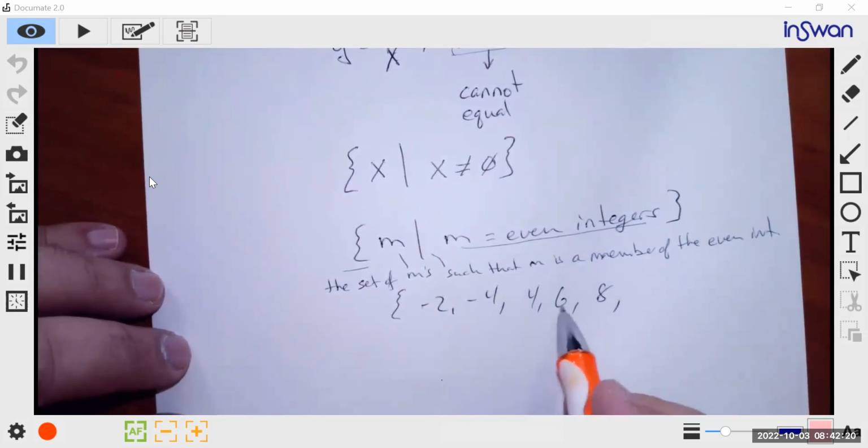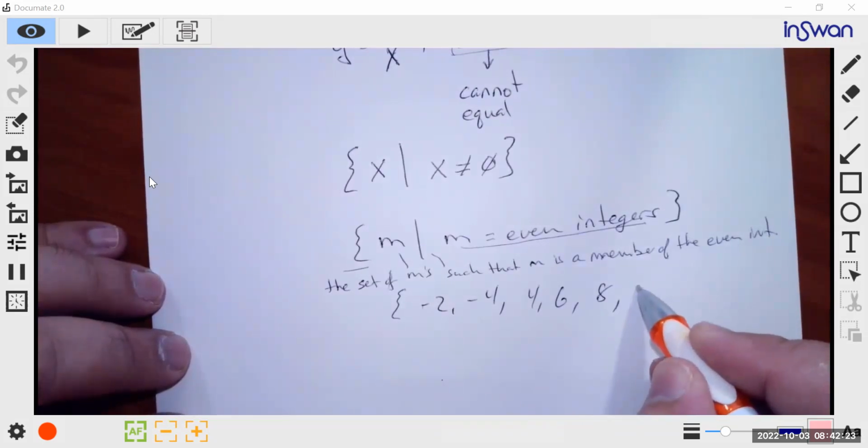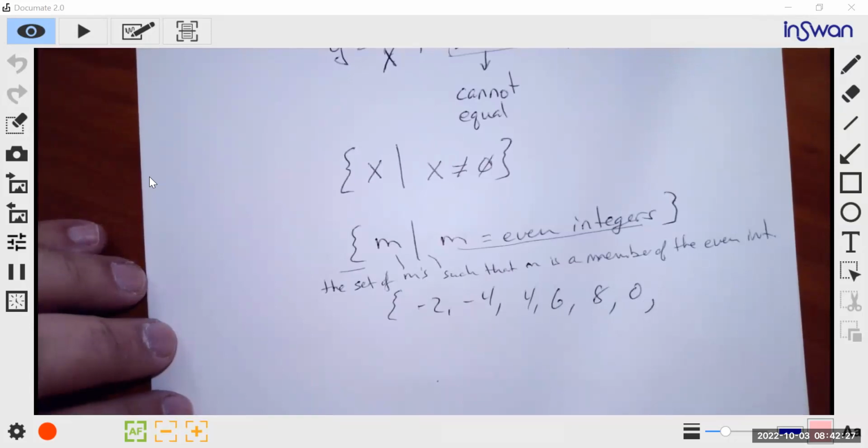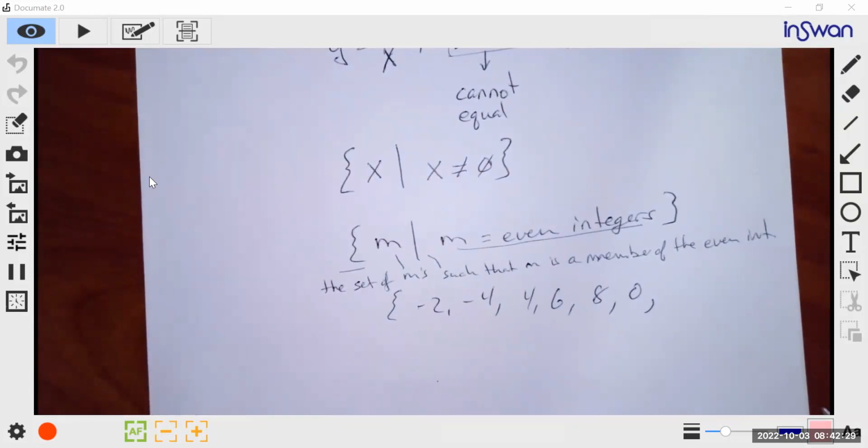You have negatives, you have positives. You can put 0 in there. 0 is what separates the integers from the whole numbers, because the whole numbers start at 0, go to positive, and integers go both directions.